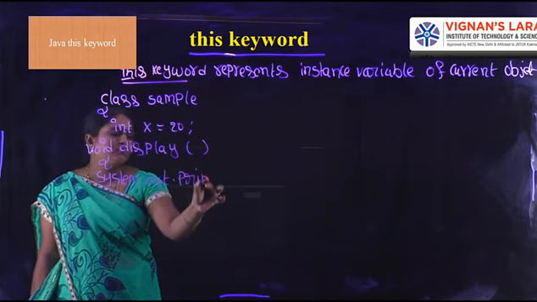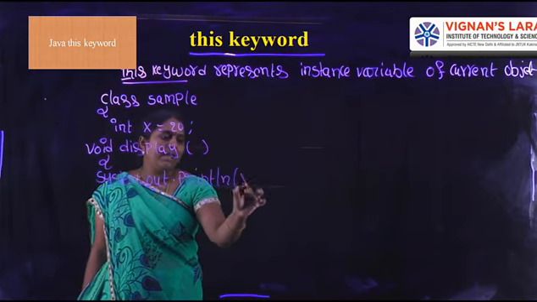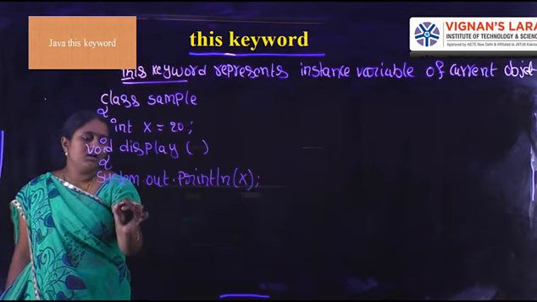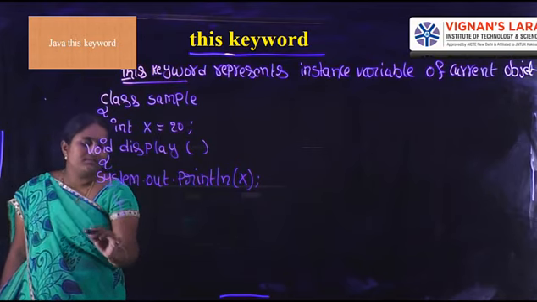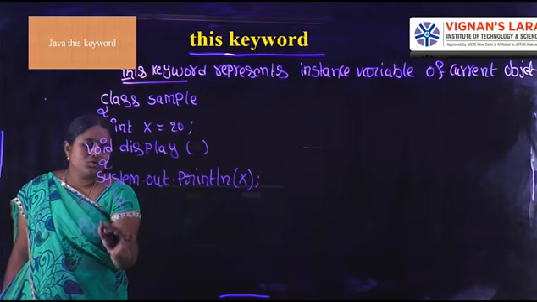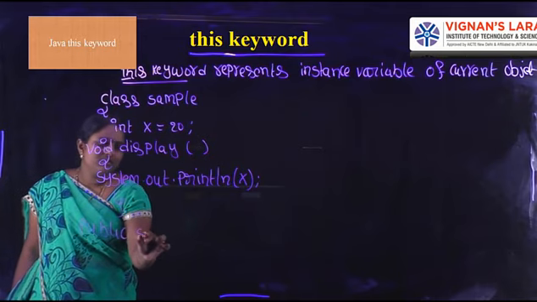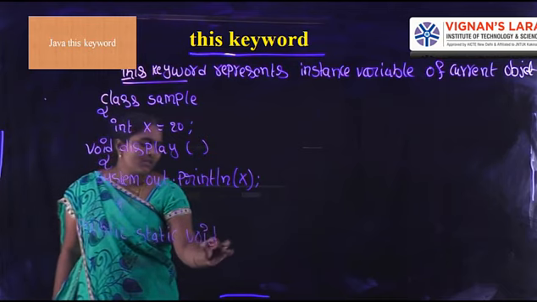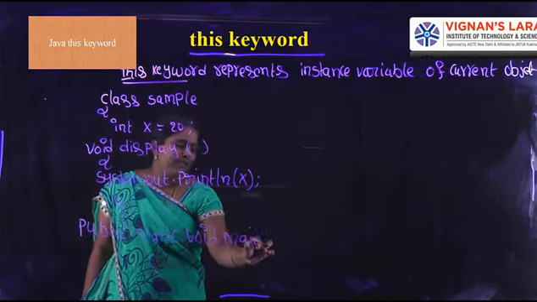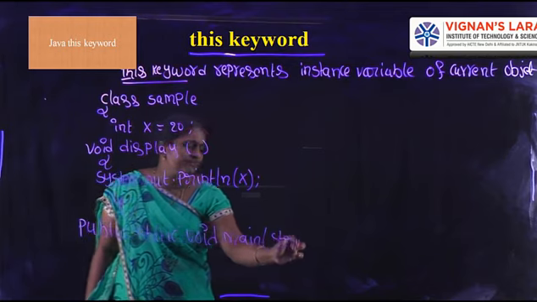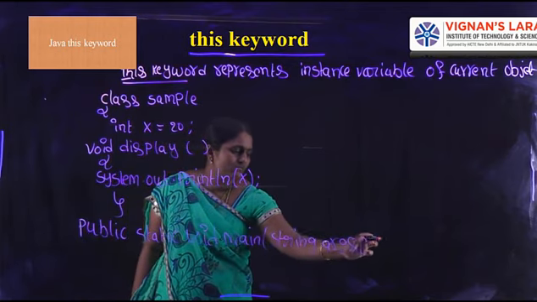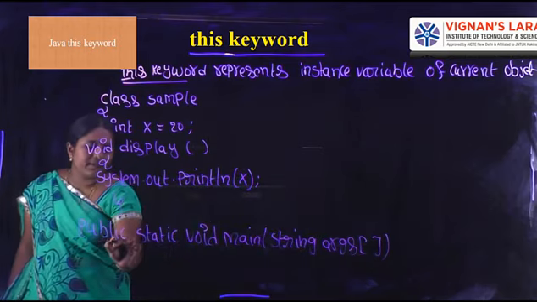System.out.println(x). Next I am closing the method body. Next, the main method: public static void main(String[] args). After main we open the curly brace.